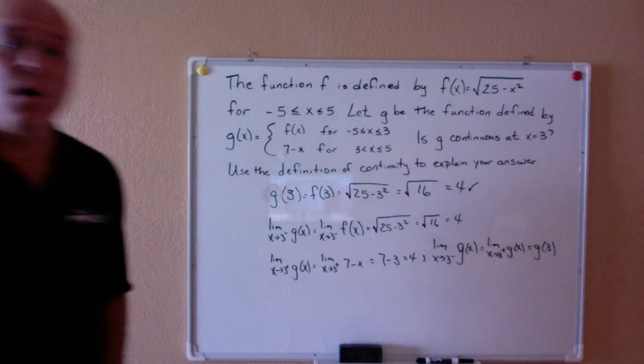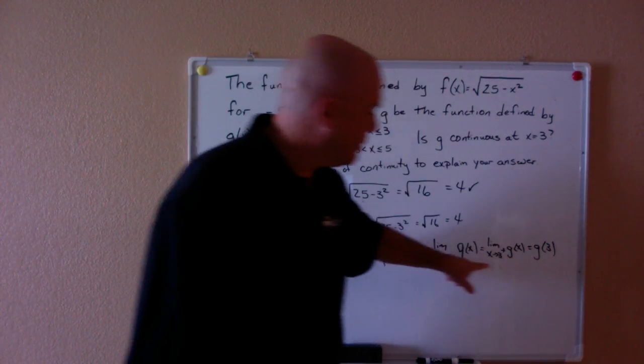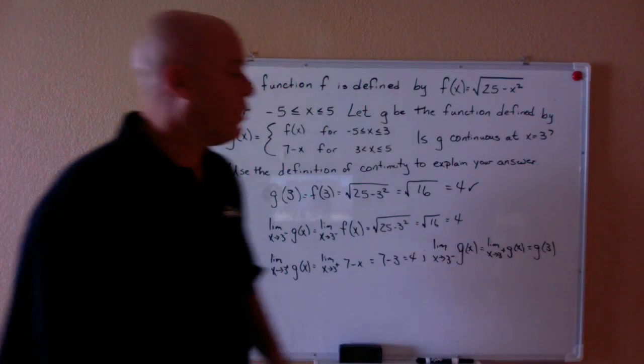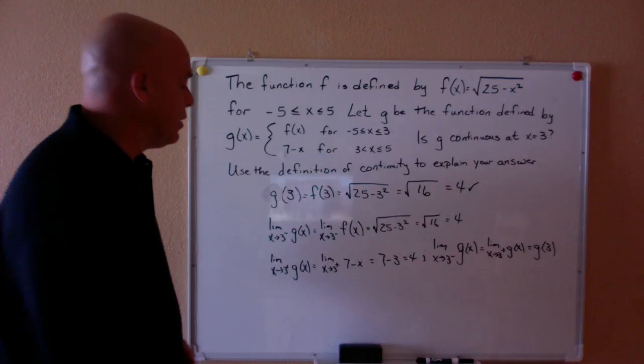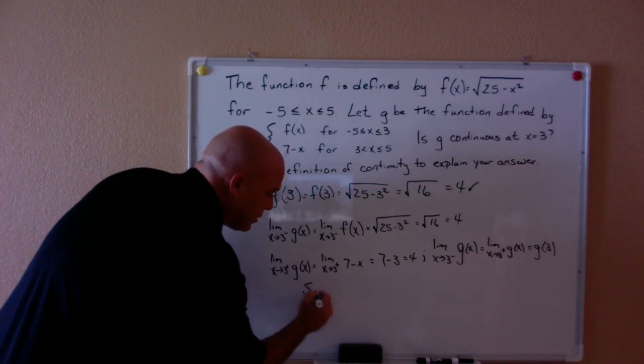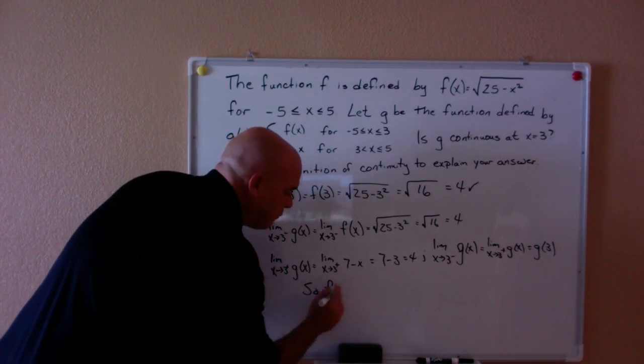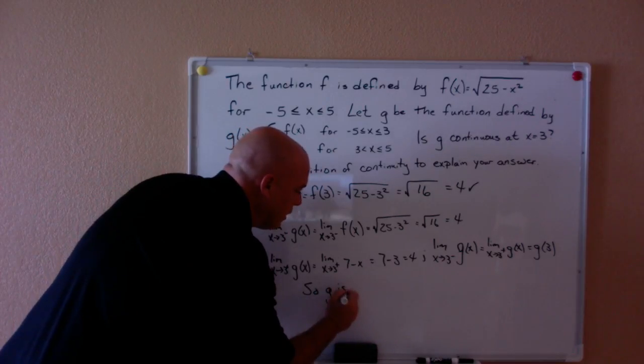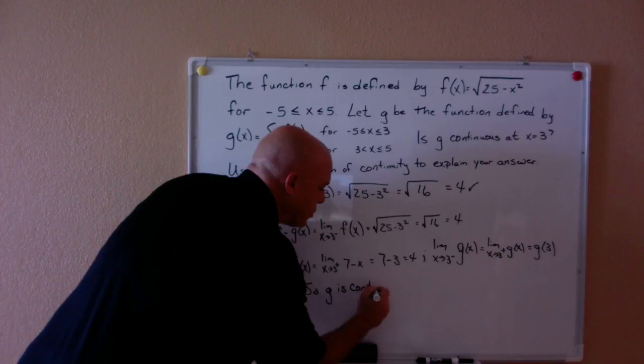That was the last requirement, that the value of the function had to be equal to the value of the limit from the left and the limit from the right. Sure enough, that holds true here, so I've got the three requirements, so g is continuous at x equals 3.